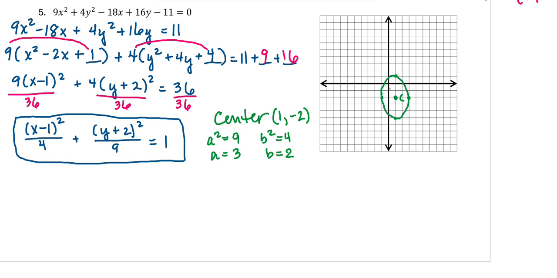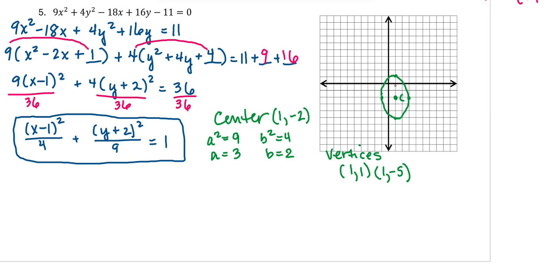Okay. And so let's write the coordinates of the vertices. Let's just do that from the graph there. We're going over 1, up 1, and we're going over 1 and then down 5. So 1, negative 5.